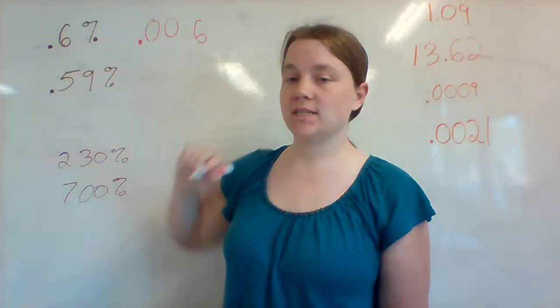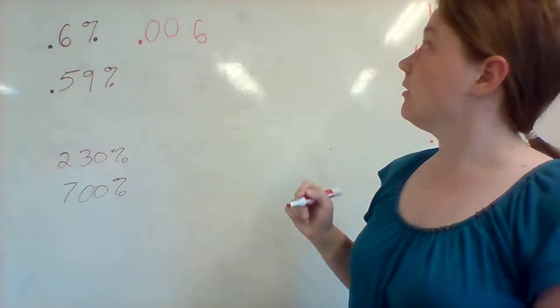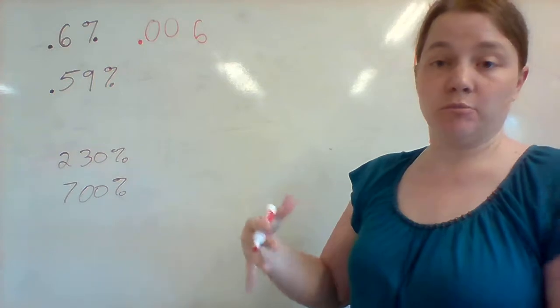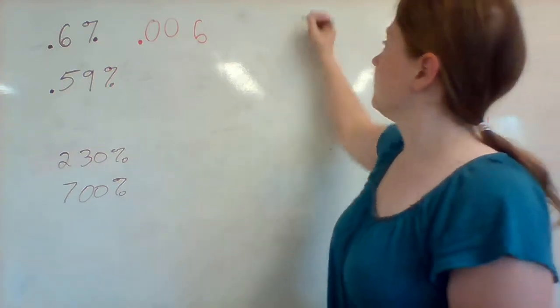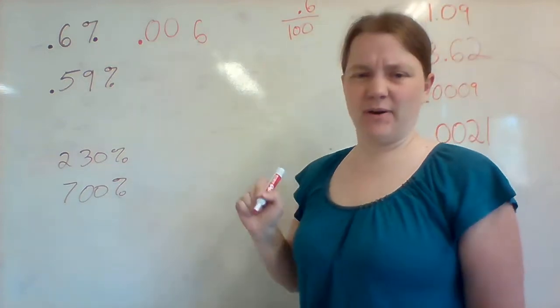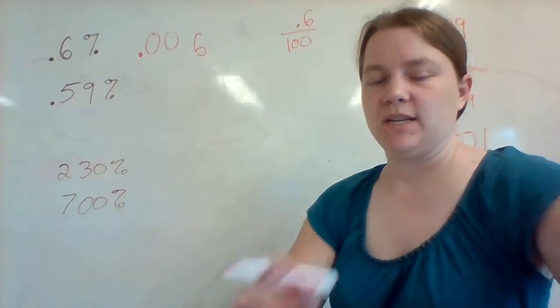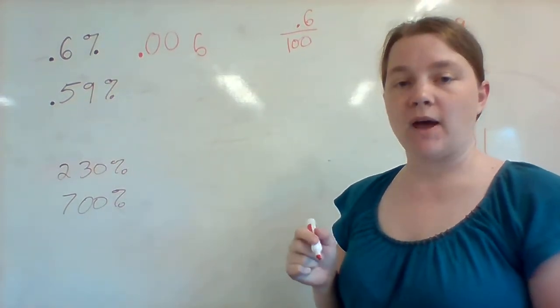Let's convert 0.6% into a fraction. As a fraction, we just need to put the percent over 100. But now I have a decimal over 100, and that looks a little bit awkward, so we need to fix that.